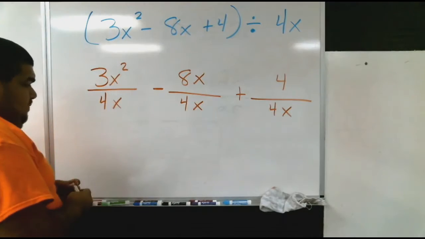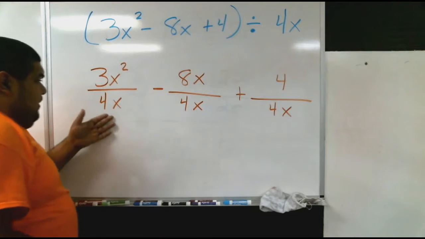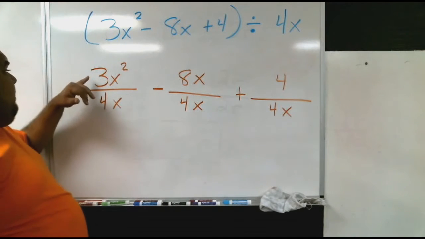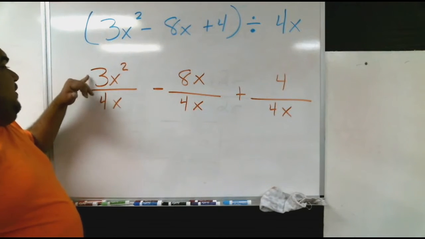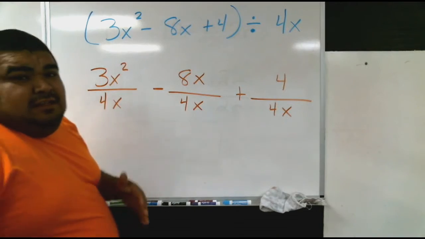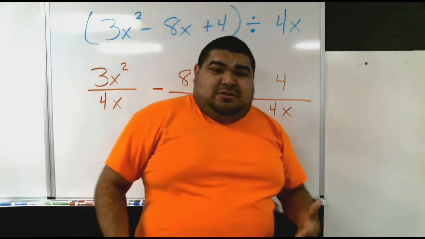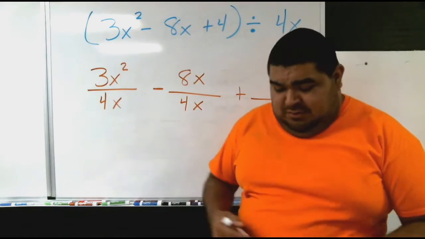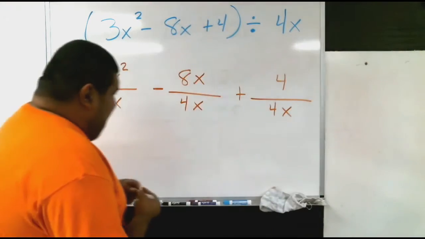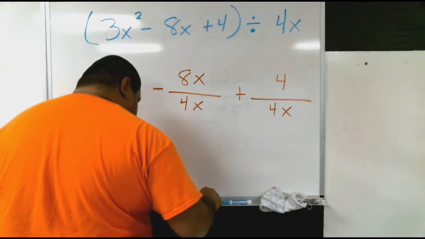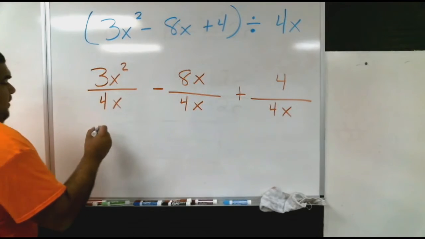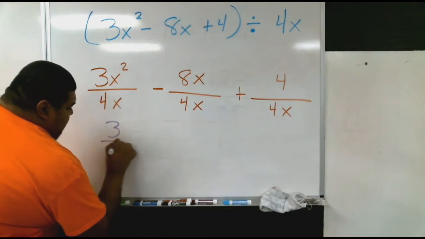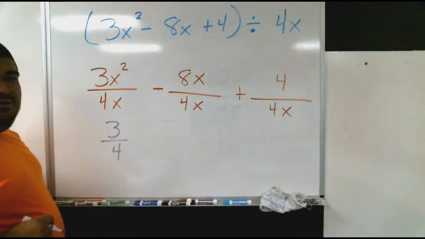Now, when it comes to numbers like this, notice that we have a 3 divided by 4. Since they cannot go into each other, we're going to leave it as it is. We're going to write 3 over 4. Let's use this purple. So you have 3 over 4.